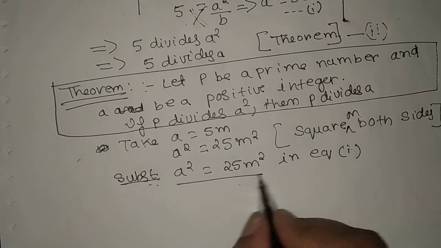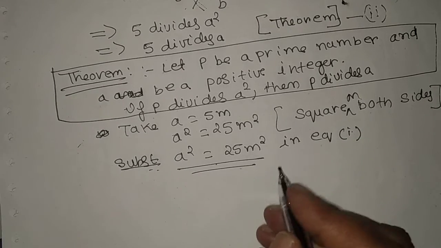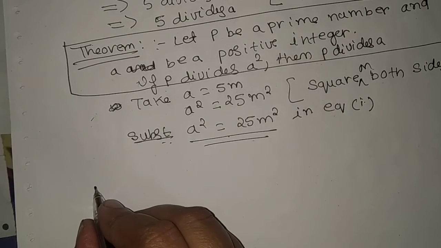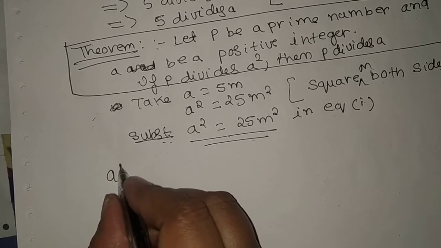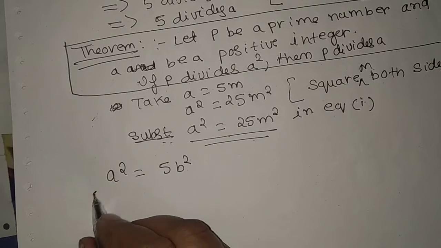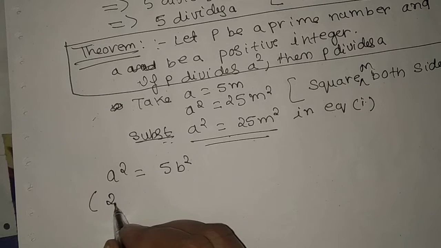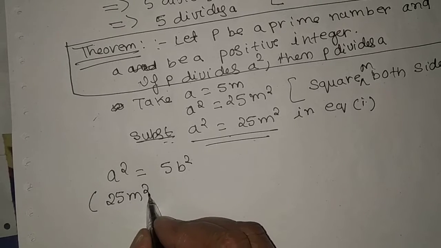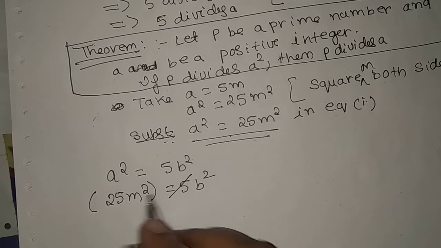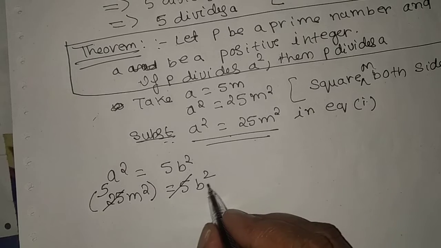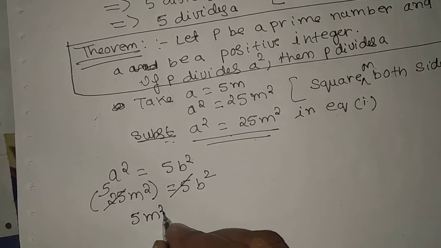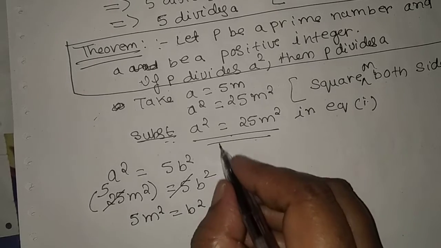So here substituting this in equation 1. See what is equation 1. Equation 1 is a square is equal to 5b square. So on substituting a square, we get 25m square is equal to 5b square. 5 and 5 cancel, then we get 5m square is equal to b square.